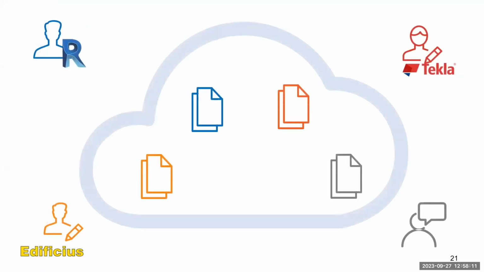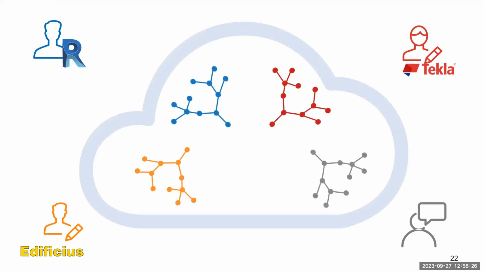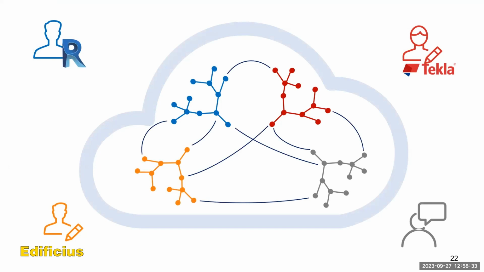We understand if we simply place the files on the cloud, it's really hard to enable BIM or cross-domain multidisciplinary collaboration. Therefore, we are going to compile those BIM files as subgraphs and use AI techniques to link those isolated BIM graphs together, forming the linked graph.